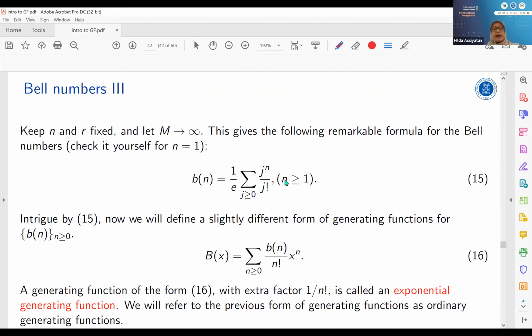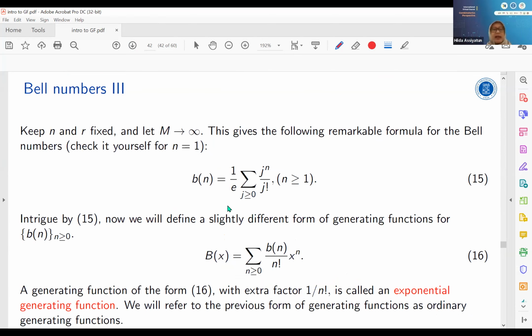Okay. Beyond the explicit formula, which will be messy, now we have the asymptotic formula, which looks nicer.